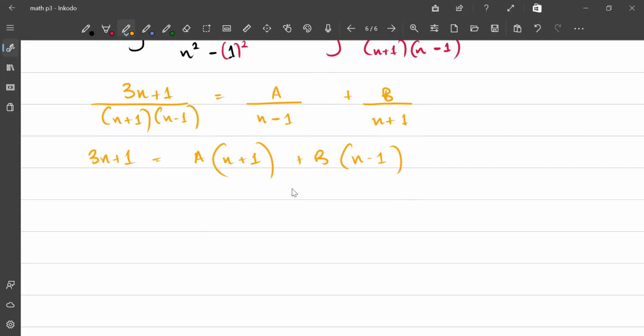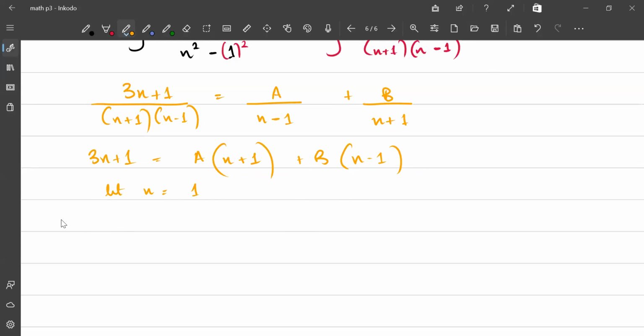So now let's assume x is equal to 1. That way we can eliminate this and get a.